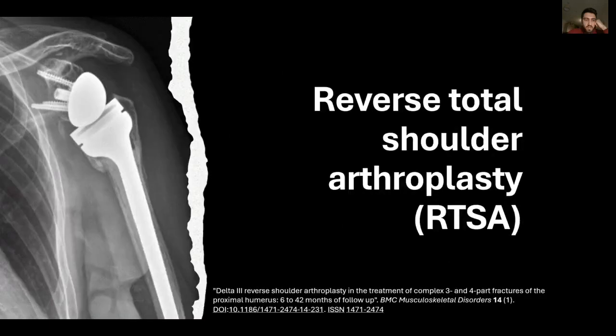We would have the humeral head here, and the glenohumeral fossa to which the head would sit. But here they reverse it, and that gives the patient the ability to move their arm. But it does come with the complication of the medial aspect of the implant damaging the skin or the neurovascular structures.